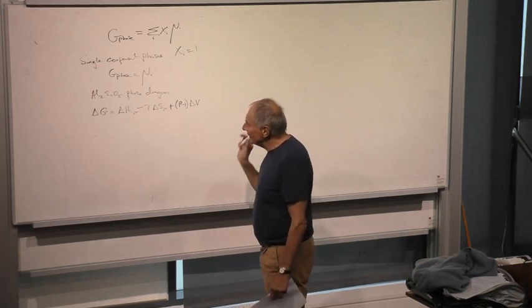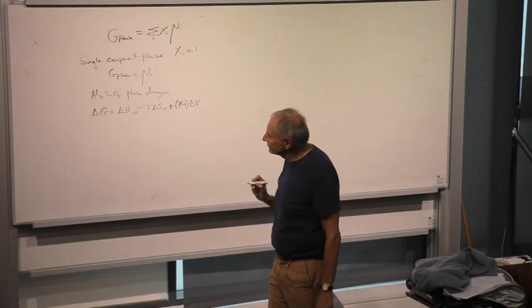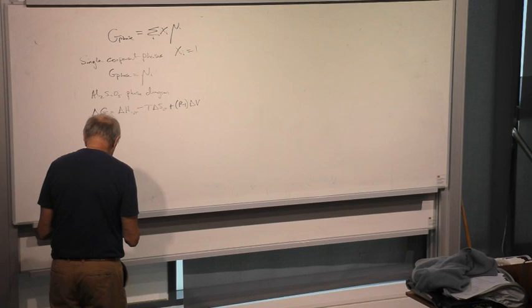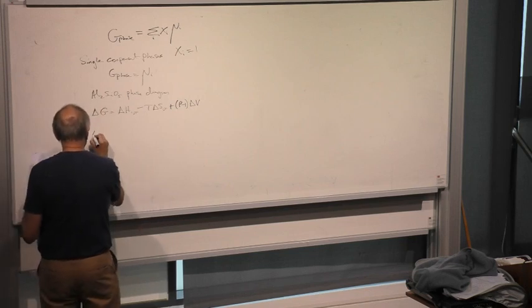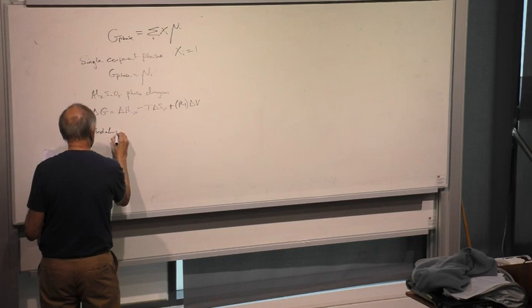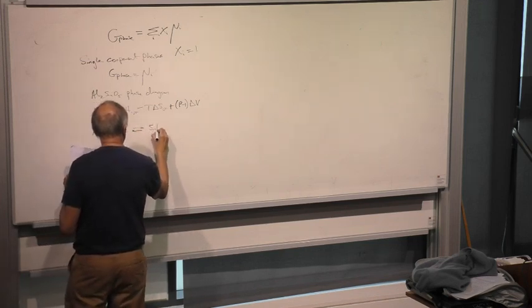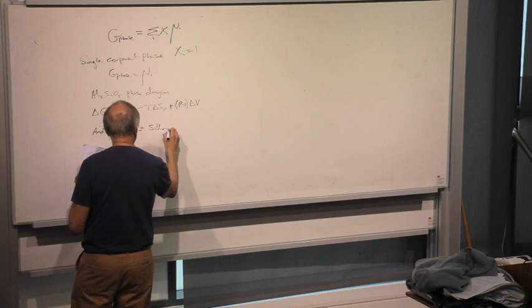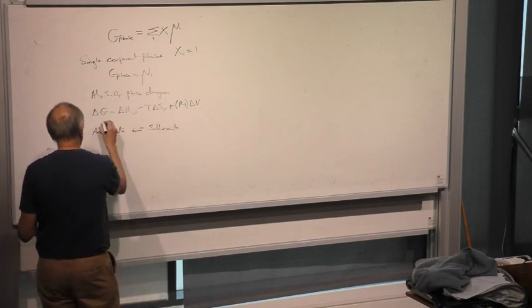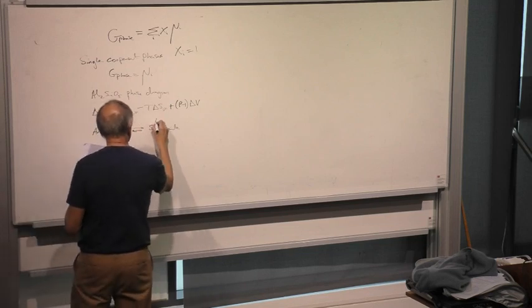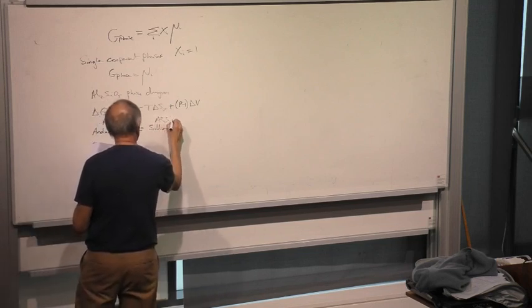We assume delta V is independent of pressure. Okay, and what I gave you were, for the reactions, andalusite goes to sillimanite, if you want to put the component Al2SiO5 andalusite goes to Al2SiO5 sillimanite.